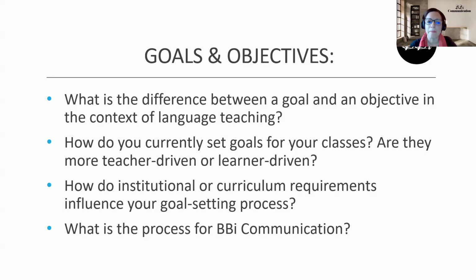But sometimes it's also how we communicate that to them. Perhaps we need to be more obvious about the steps we follow or the objectives that we have for that particular class.